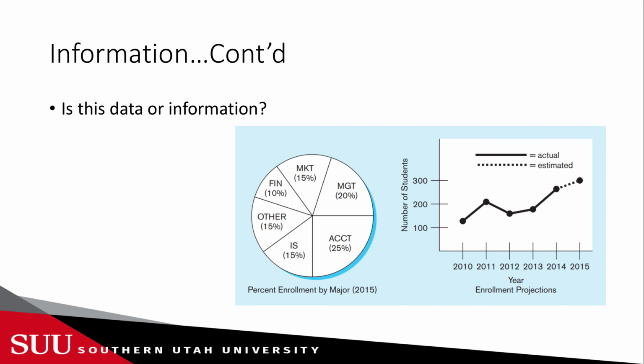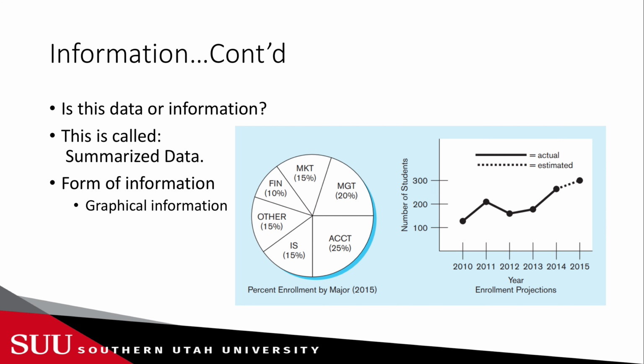And then I have some kind of chart that shows me the number of students in each one of those, let's say, majors. Now, this is called summarized data, which is a form of information because it's what we call graphical information. As long as we can get some kind of knowledge out of that data and we know exactly what context it's put in and what we mean by this piece of data, then it's going to be information.